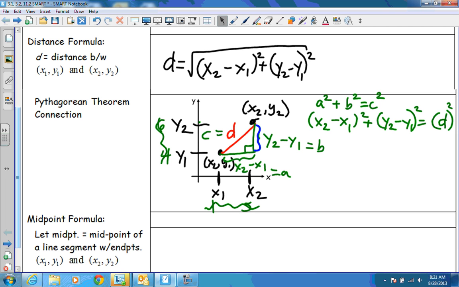If I was to be specific and say this y was a 6 and this y right here was a 4, this distance would be 6 minus 4, which is 2, right? But I'm not going to be specific. I'm going to say in general, this y is y sub 2. This y value is y sub 1. Oh, so then to get the distance, you just subtract them. Yes.